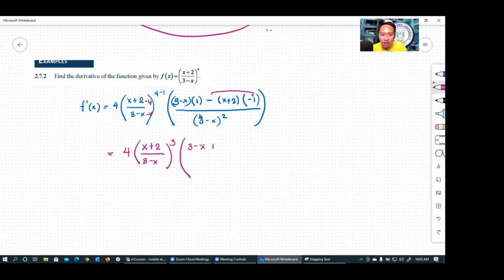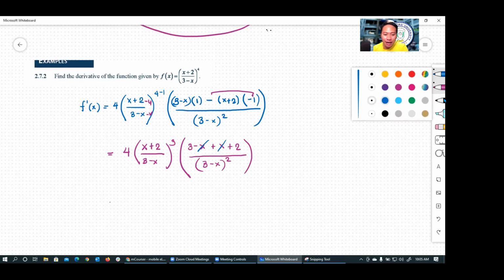So we get plus x plus 2 over 3 minus x squared. In the numerator, the negative x and positive x cancel out because combined, the result is simply 0.